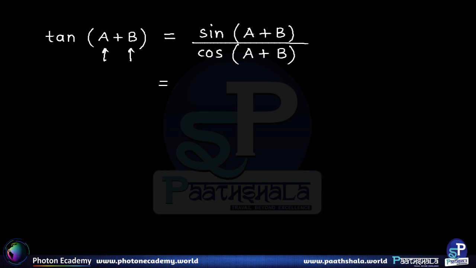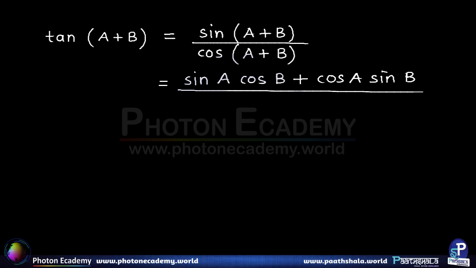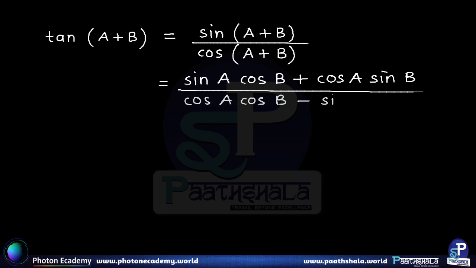So in order to do that, what we do is we expand both the numerators and denominators using the known formulae. So sine of a plus b is sine a cos b plus cos a sine b divided by cos of a plus b is cos a cos b minus sine a sine b.